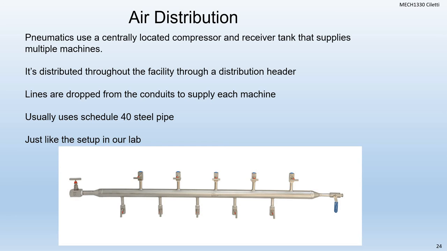We drop a line and it supplies that specific machine. So if you look over in class, we have some supplying the robots, some supplying the 870 trainer, some supplying the plasma table and things like that. Usually, for the most part, you use Schedule 40 steel pipe, or we call it conduit, just like in our lab. I'll walk over and show you guys what that looks like in our lab.